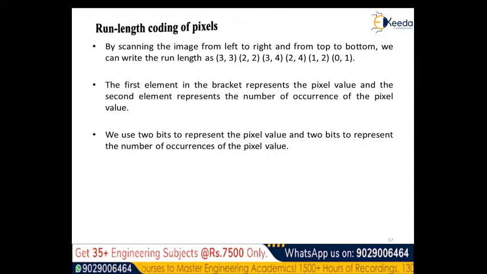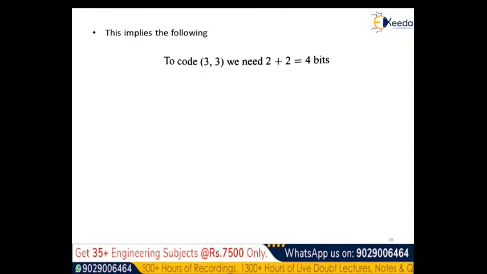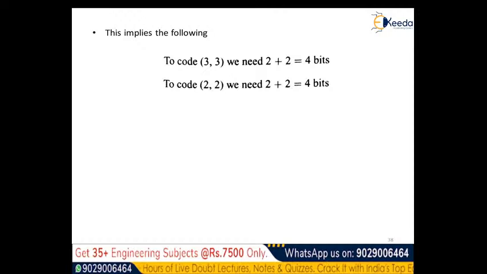That is why, in the coding after the run length, for (3, 3) we need 2 plus 2, which is equal to a total of 4 bits. To code for (2, 2) we need 2 plus 2, which is again equal to 4 bits.